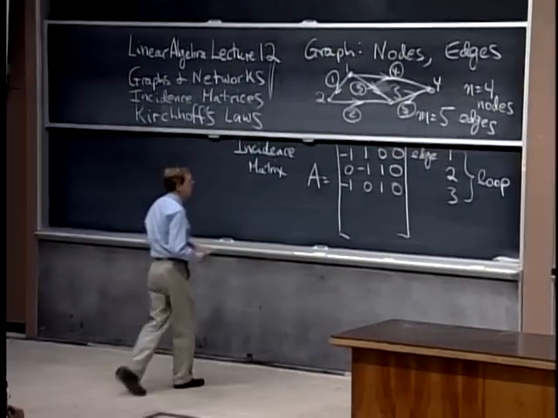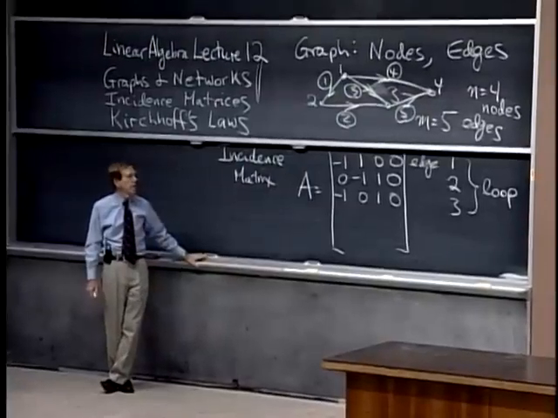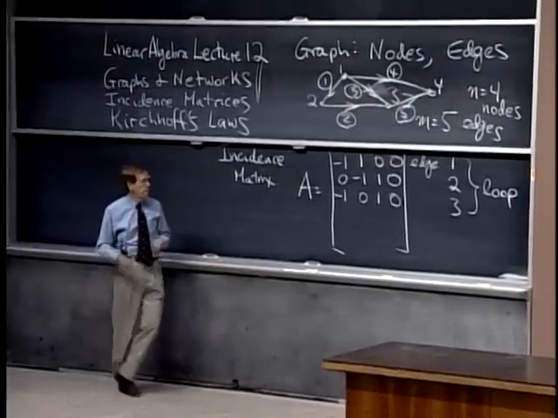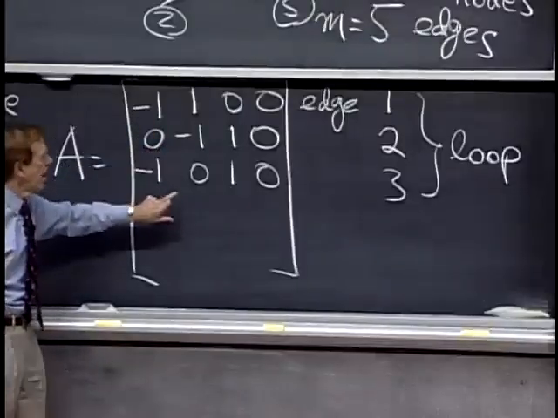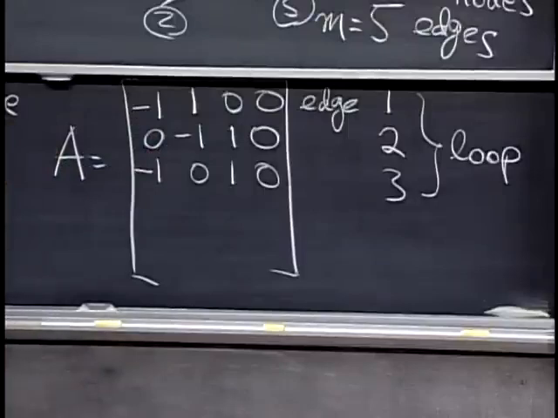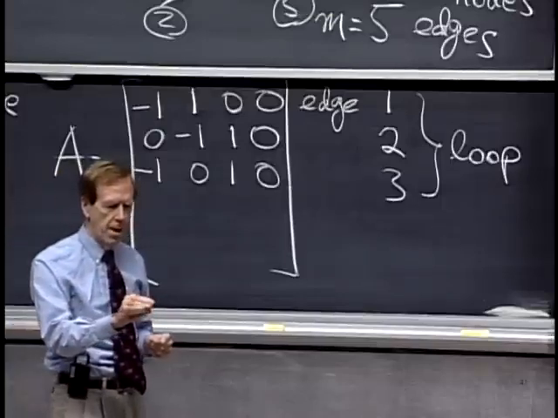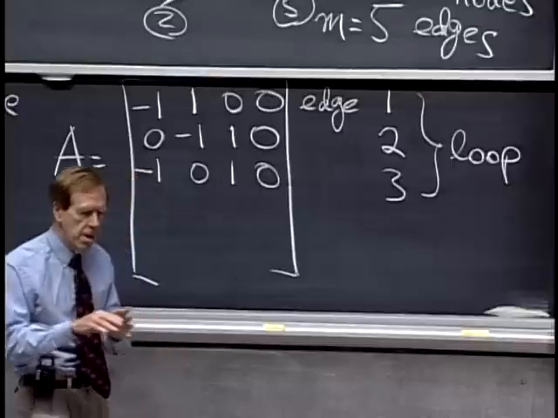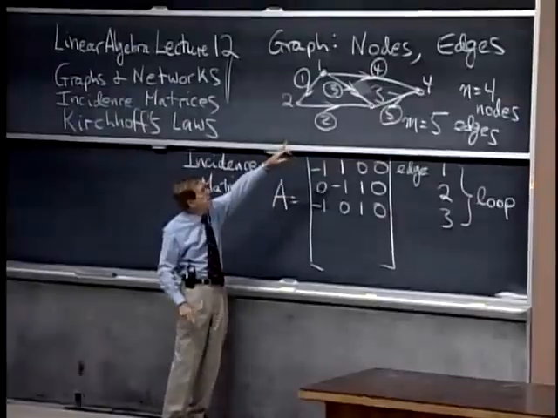And can you tell from looking at that if they are or are not independent? Do you see a relation between those 3 rows? Yes. If I add that row to that row, I get this row. So that's like a hint here that loops correspond to linearly dependent rows.